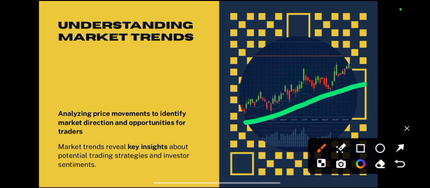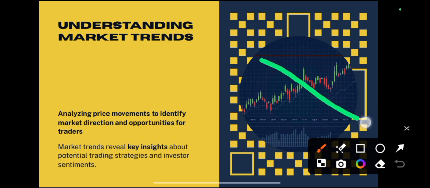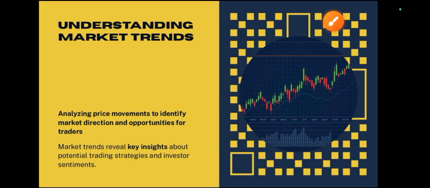When you see the chart going like this, that is down, but when you see it going like this, that is an up trend. This is analyzing price movements to identify market direction and opportunities for traders. Market trends reveal key insights about potential trade strategies and investor sentiments.